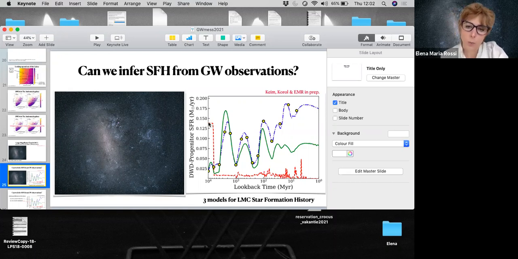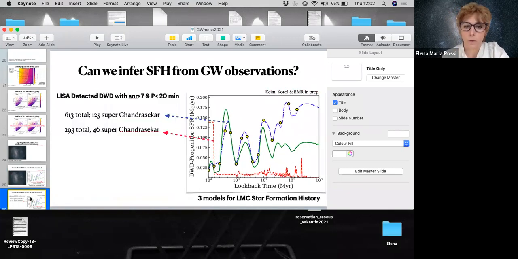By contrast, we explore another star formation history in which there is a burst 10 gigayears ago, and then the star formation is constant at a lower level. Can we distinguish between these two with gravitational waves?